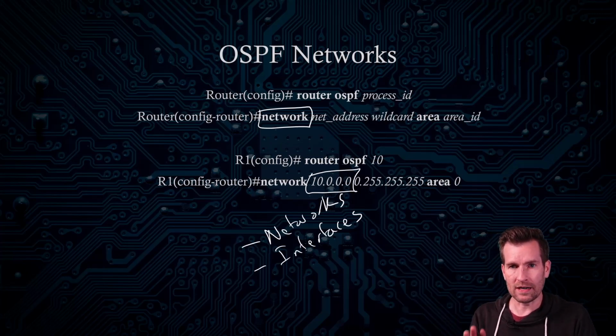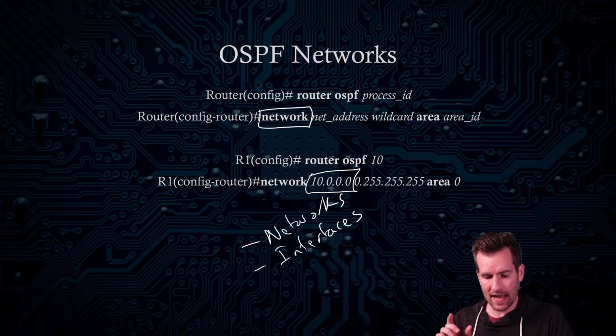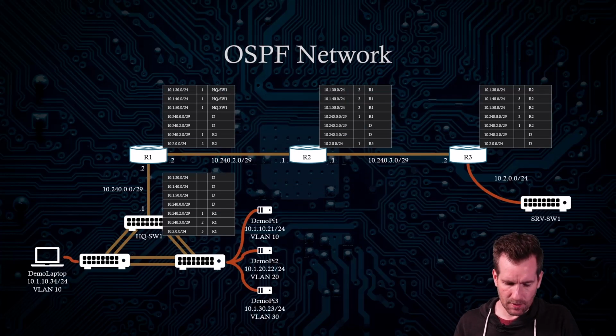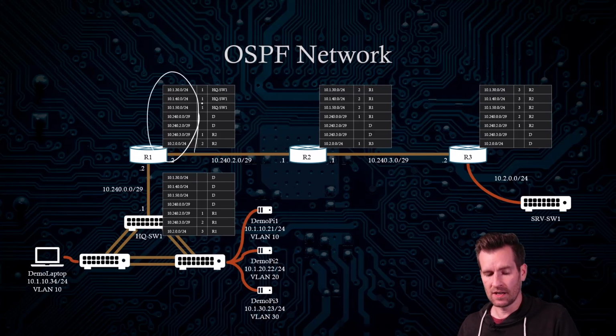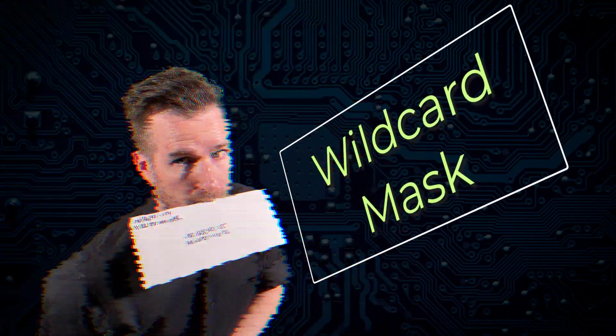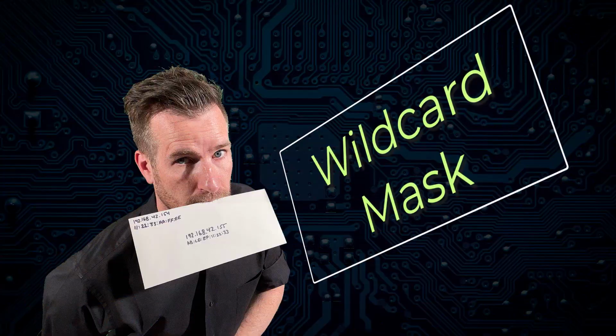We'll take a deeper dive into the network statement later on, but for now, just know that that's what it does. Here's an example where all of our interfaces and all of our networks do in fact fall under 10.0.0.0/8.